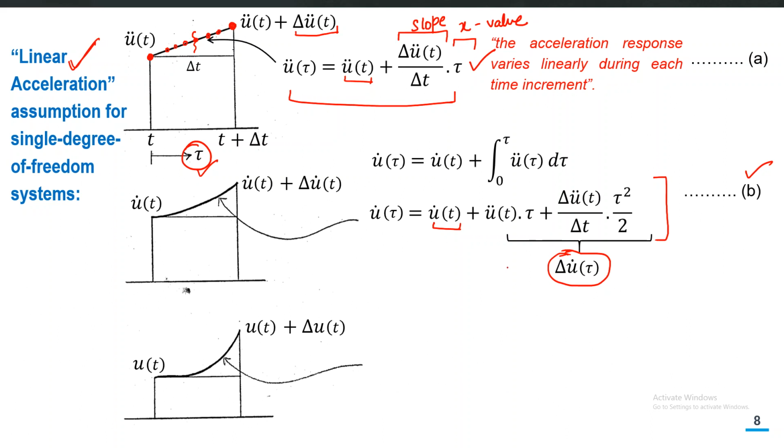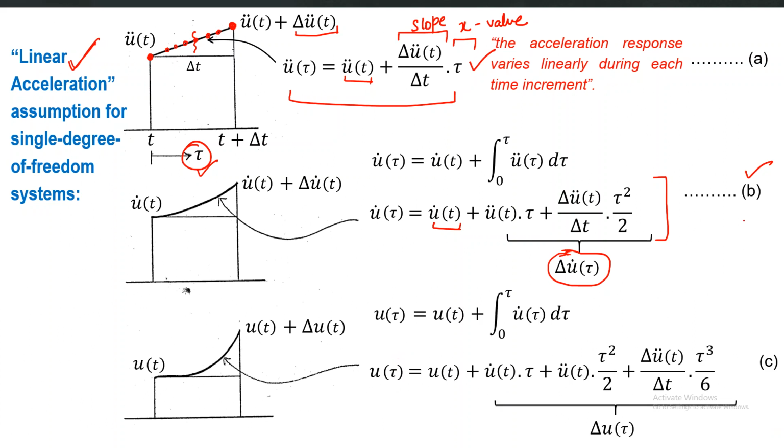Similarly, we can integrate that equation B once more to get the variation of displacement between time t and t plus delta t. And by the way, this equation B is a quadratic equation in tau, you can see here. So if the acceleration is varying linearly, the velocity is varying with a second degree polynomial. And if we integrate it one more time, the displacement will be varying with a third degree polynomial, because you can see here that you have the tau cube term.